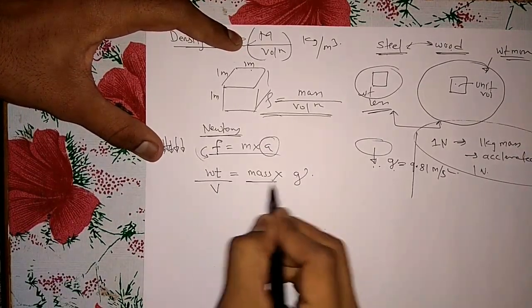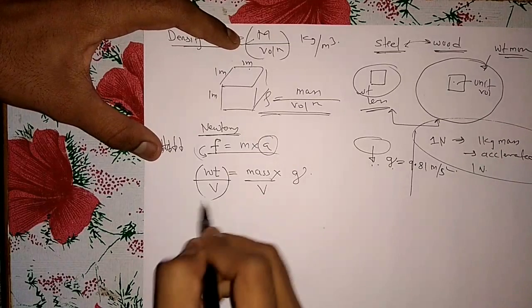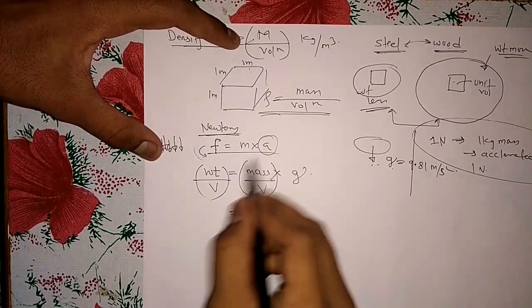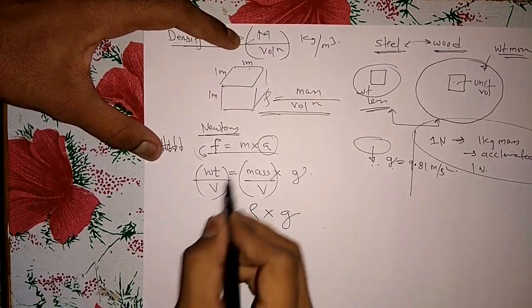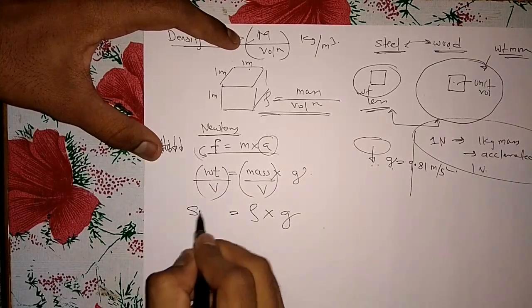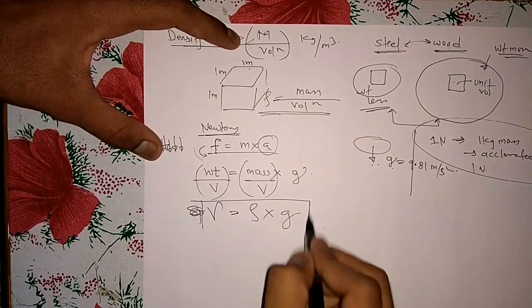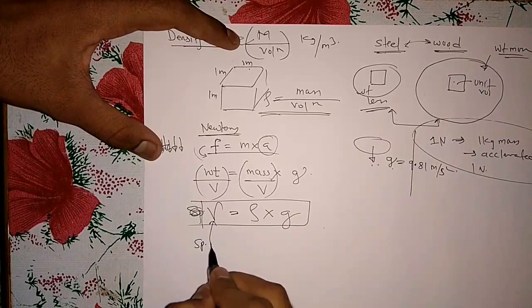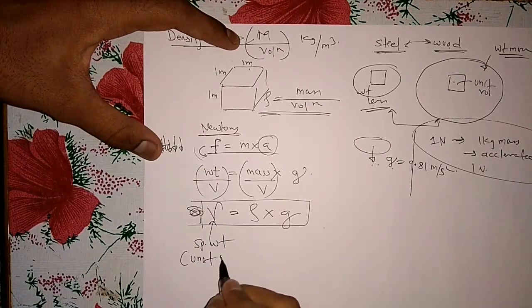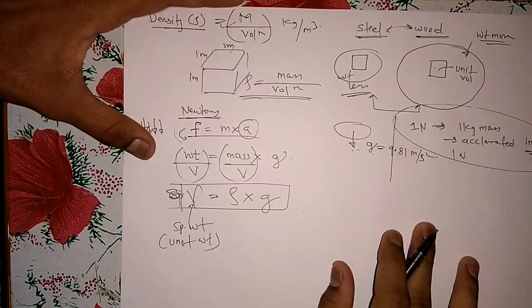If you divide by the total volume of soil mass on both sides, we get this term and this term. This term is simply rho and this term is called specific weight or unit weight, that is simply gamma.